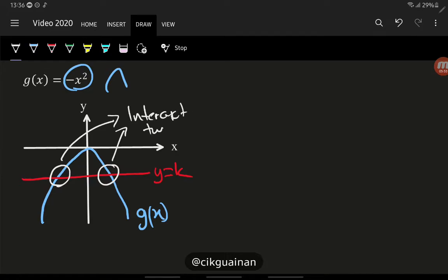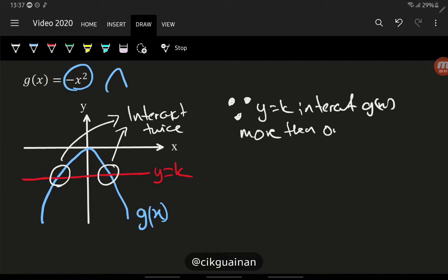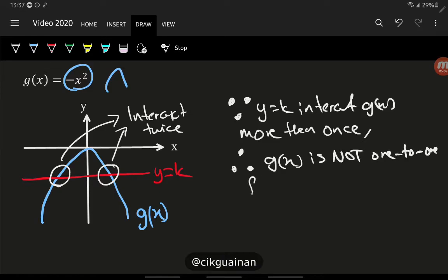Intersects twice. So what we can write: since y equals k intersects g(x) more than once, therefore g(x) is not a one-to-one function. g(x) has no inverse.